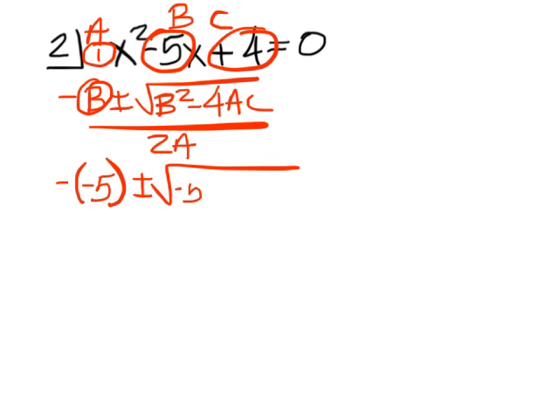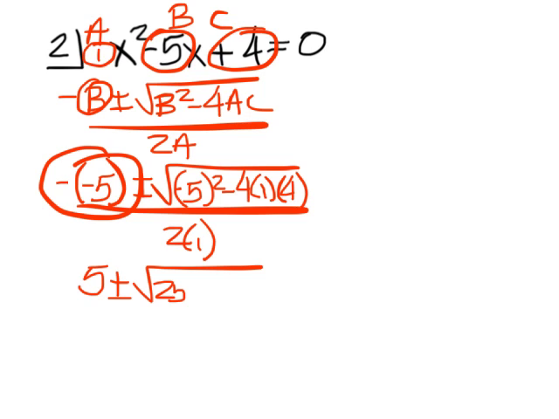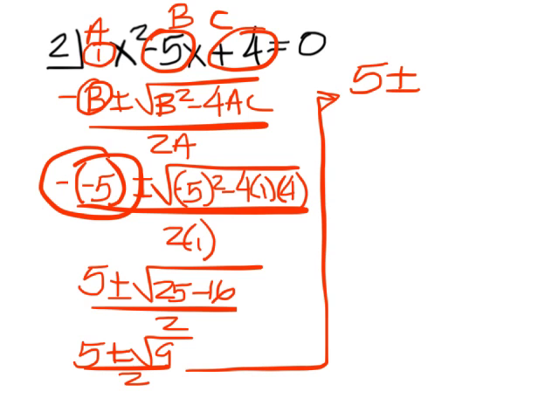If you put a negative 5 in here for b, you should have a negative 5. Plus or minus the square root of negative 5 squared minus 4 times 1 times 4 over 2 times 1. This becomes positive 5 plus or minus the square root of 25 minus 16, which comes down to be the square root of 9. 5 plus or minus the square root of 9, which is 3, and then over 2.